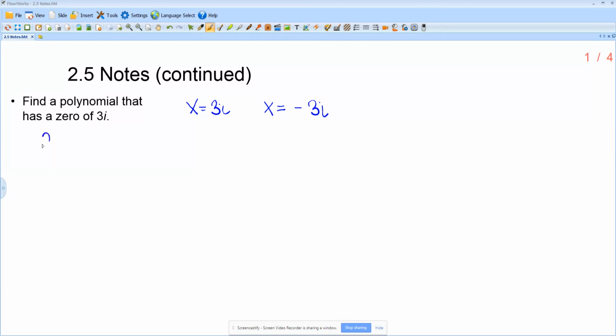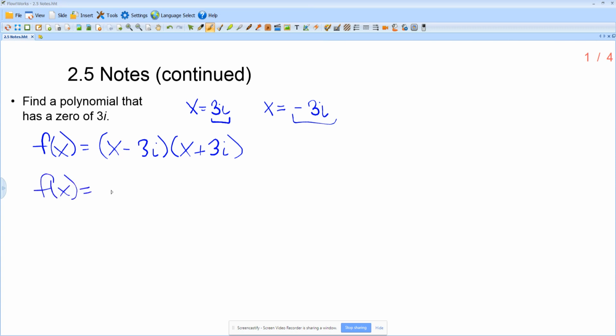When we're writing polynomials, we say f of x is equal to, and it's always x minus each of the zeros. So x minus 3i times x plus 3i. And then I'm going to multiply this out. If I multiply this out, I get x squared minus 3xi plus 3xi minus 9i squared.